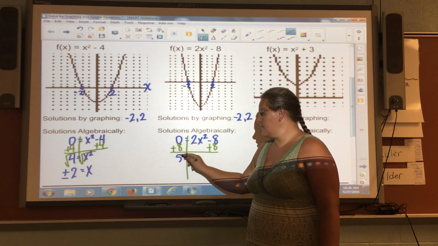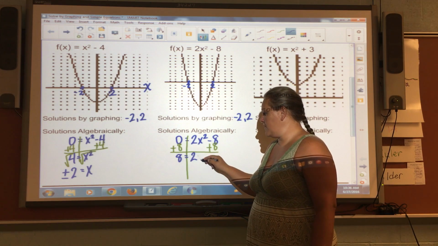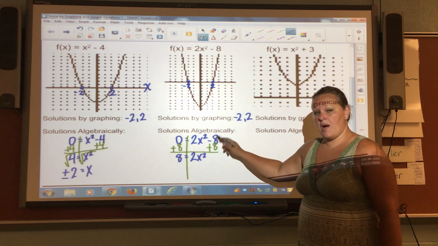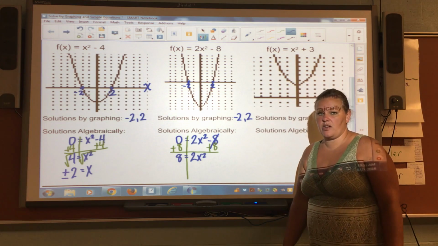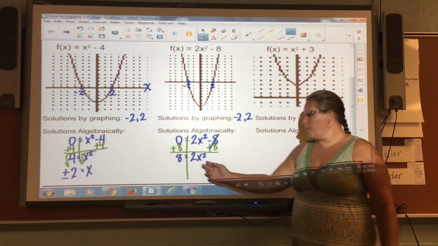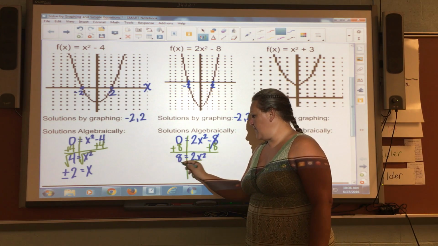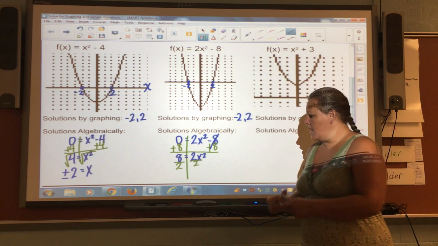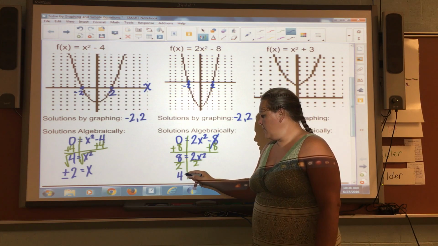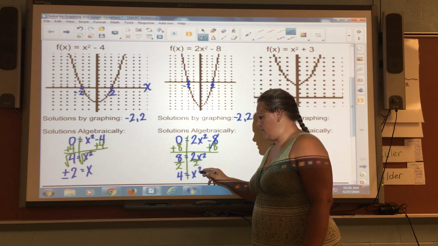0 plus 8 is equal to 2x squared, and minus 8 plus 8 goes to 0, so we can cross it out. The opposite of multiplying is to divide by 2 on both sides, and I get 4 is equal to x squared.